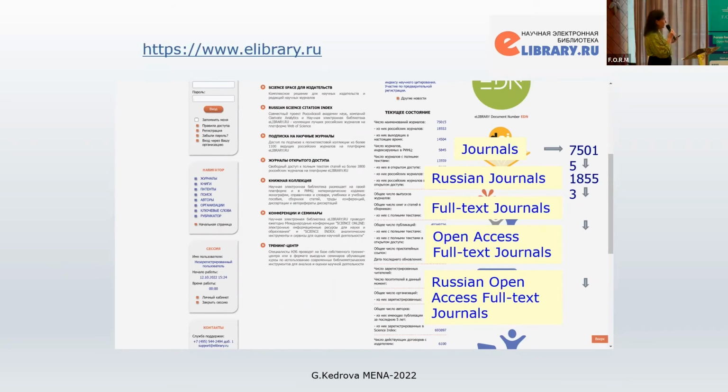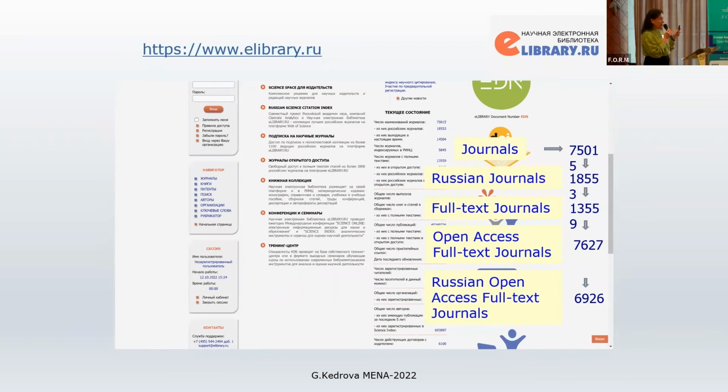The Russian language journals number about 80,000 and a half. Full text journals, 13,000 and a half. Open access full text journals, the most important part, 7,627.